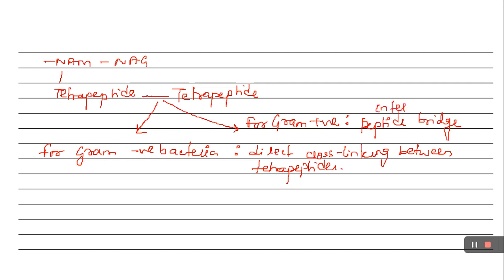There are some peptides which link these two tetrapeptides.